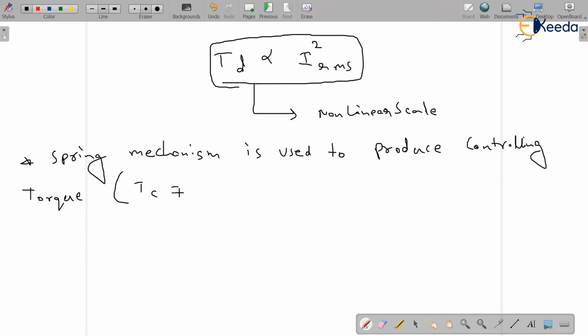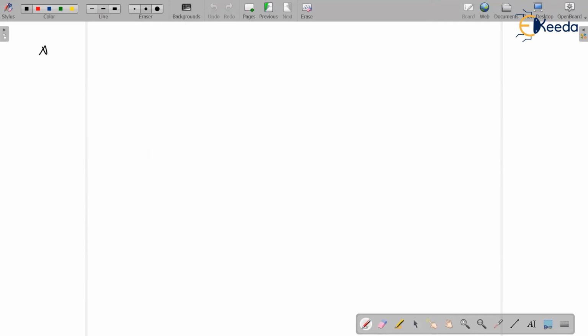So Tc is equal to Kc theta. The next step, if the spring is broken, the controlling torque is equal to 0.